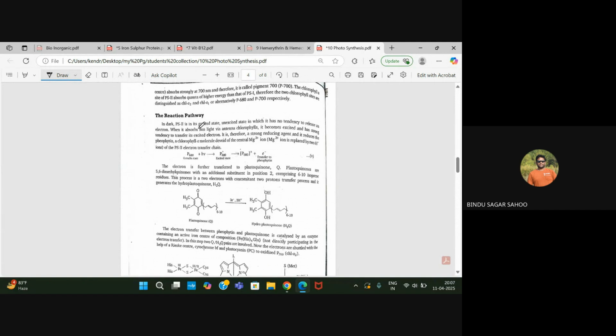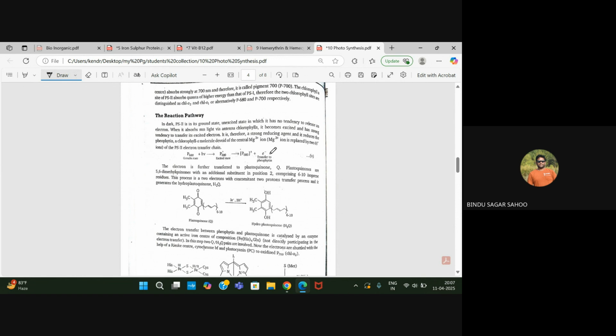So what happens when P680 absorbs energy? The P680 ground state of photosystem 2, this is called photosystem 2, is converted to P*680, that is the excited state. And further P*680 gets converted to P680+, and it removes 1 electron.